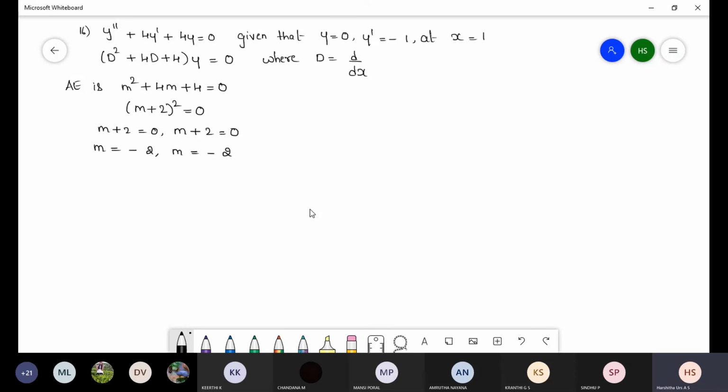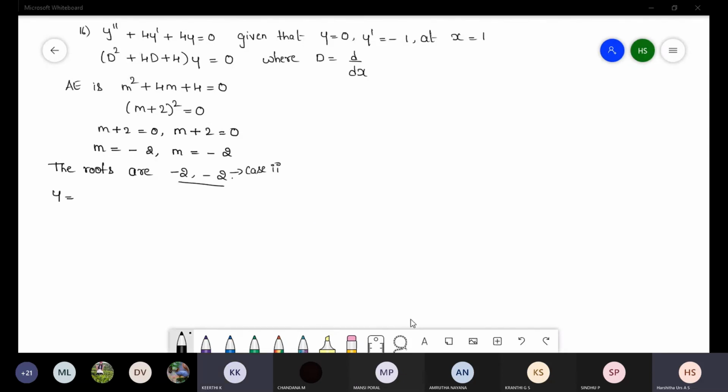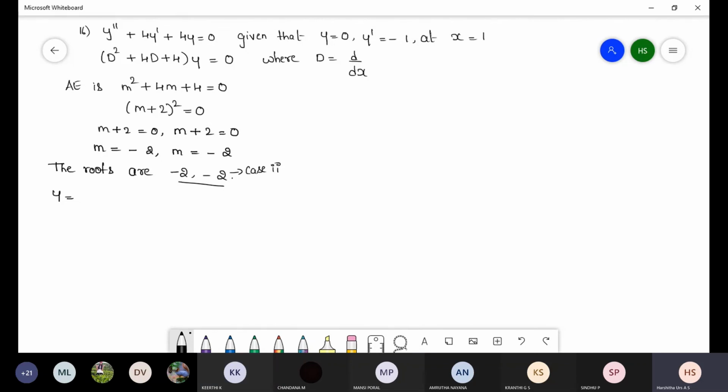The roots are minus 2, minus 2, so it comes under case 2. The solution is y is equal to C1 plus C2x into e power minus 2x. Let us call this equation 1.